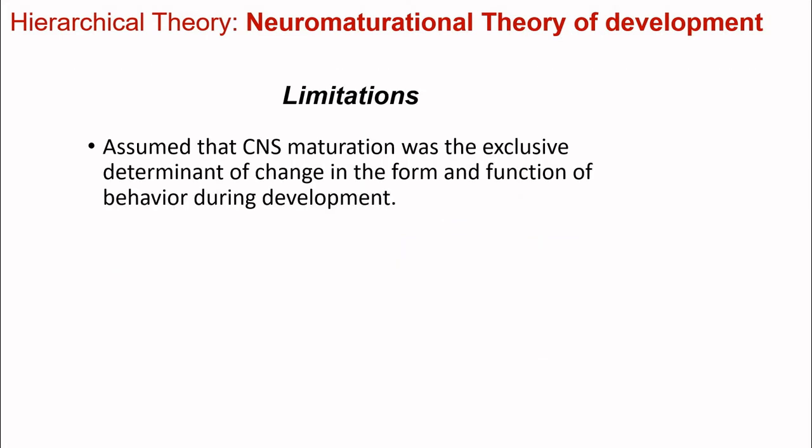A key limitation of the neuromaturational theory is that this theory assumes that the maturation of the central nervous system is the exclusive determiner of change in the form and function of behavior during development. And there are multiple sources of evidence that directly contradict this.